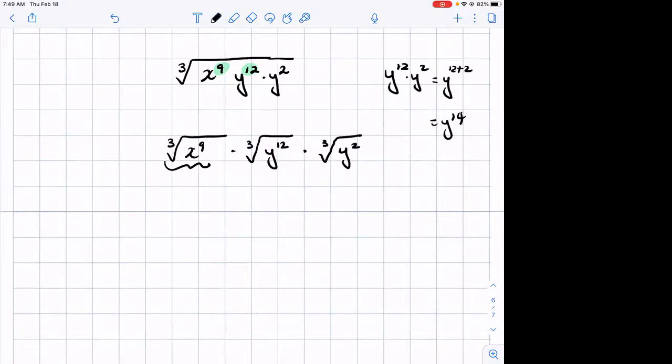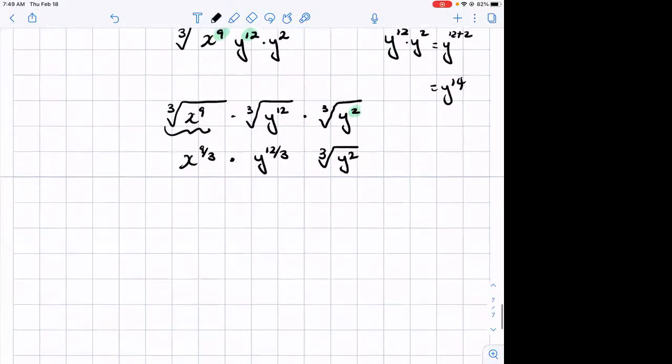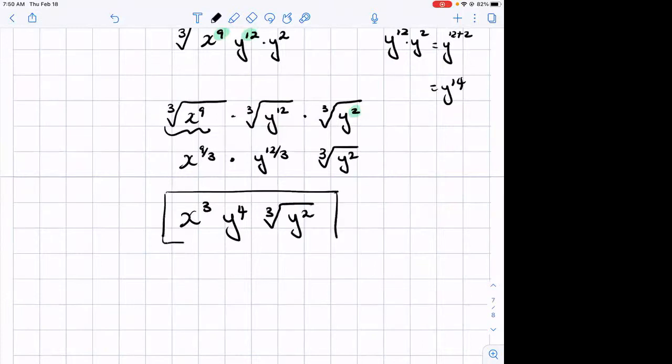Actually, let me write that out. This becomes x to the 9 over 3 times y to the 12 over 3. And since 2 here is not divisible by 3, we leave that under the radical sign. Okay. So this becomes x cubed y to the 4th, the cube root of y squared. And that's our simplified answer.